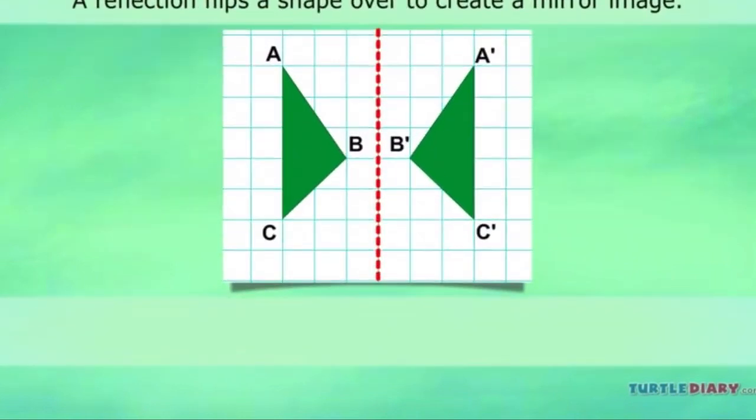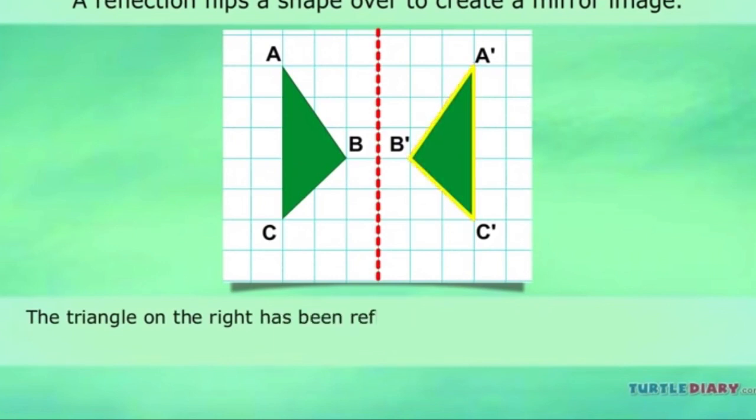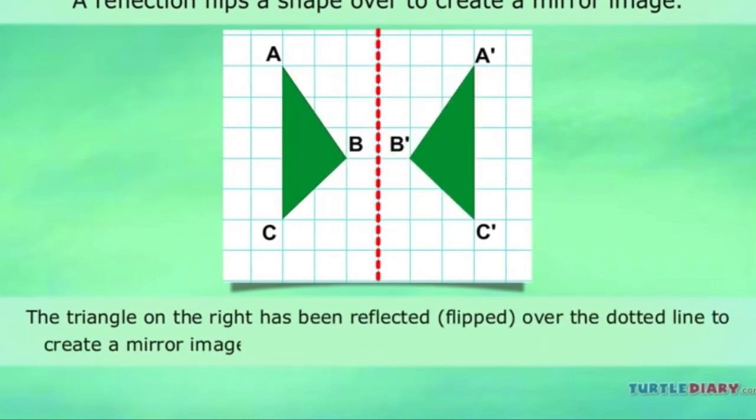In this example, the triangle on the right has been reflected, flipped over the dotted line to create a mirror image. Or we can say that the vertices of the triangle A, B, and C have been reflected, flipped over the dotted line to create the mirror image as another triangle having vertices A dash, B dash, and C dash.